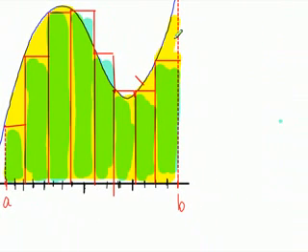So if we're going to use rectangles to approximate the area under the curve, we can kind of see with at least these few examples that I've drawn badly, that the more rectangles you're able to squeeze in, the better the approximation.